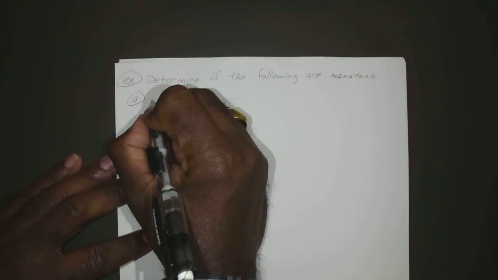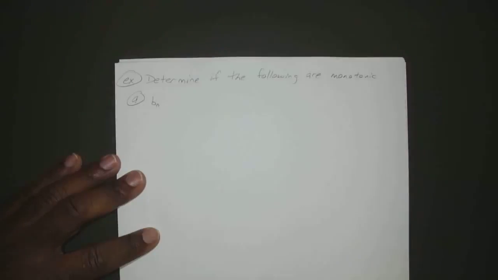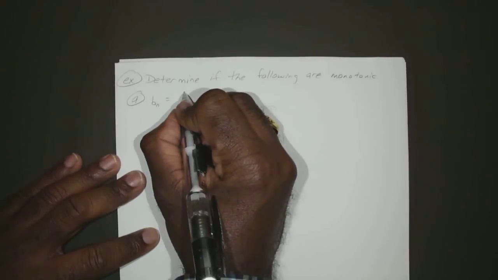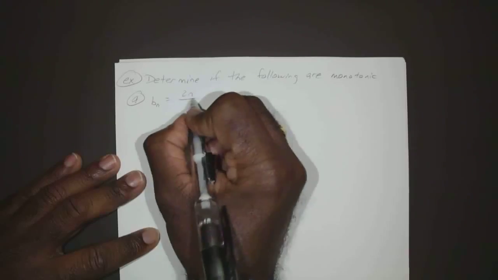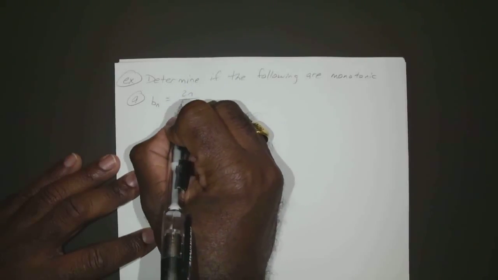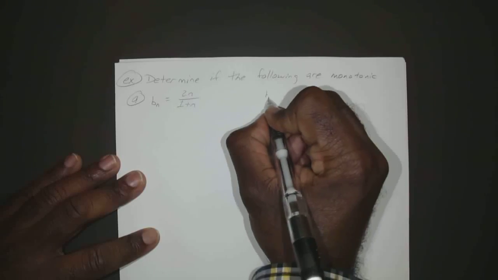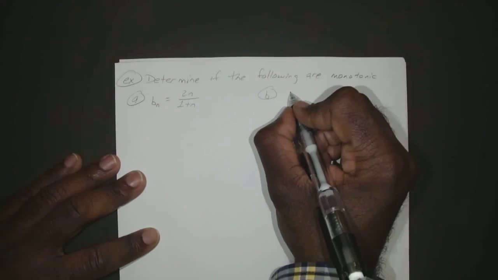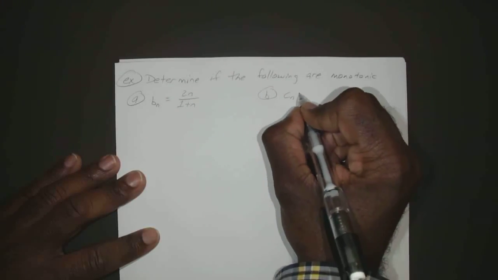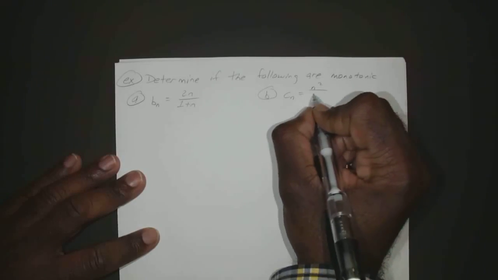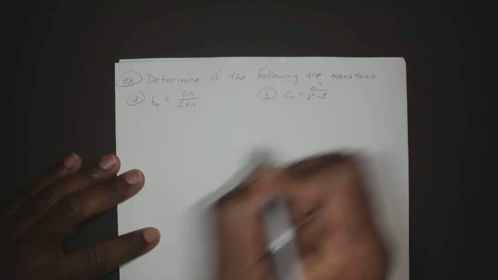Okay, so for problem A, we have b sub n equals 2 times n over 1 plus n. And for problem B, we have c sub n equals n squared over 2 to the n minus 1.